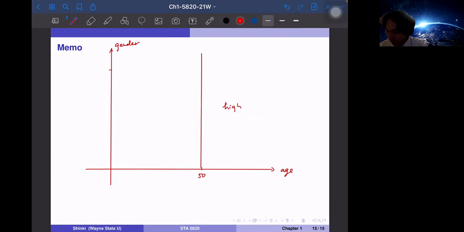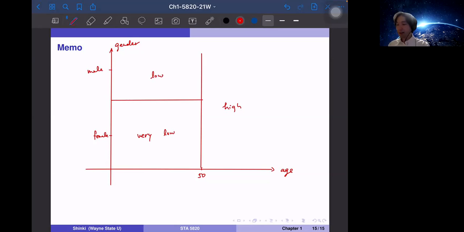But if we only have 2 categories, female and male, and we separate in this way, then if age is lower and female, the risk is very low. And if male and age is lower, the risk is low, but not very low.